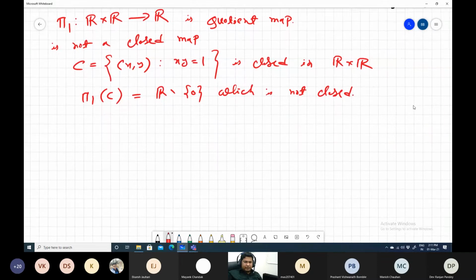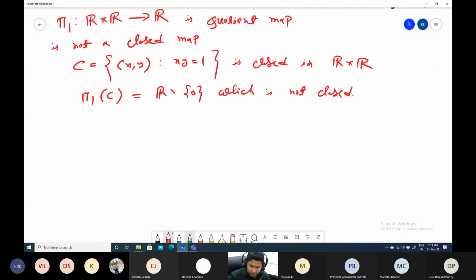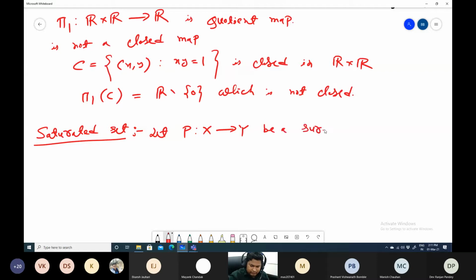Now we can see another example. Before going to that example, I just want to define another set called a saturated set. Now what is a saturated set? Let P: X to Y be a surjective continuous map. Just a surjective map is also fine.